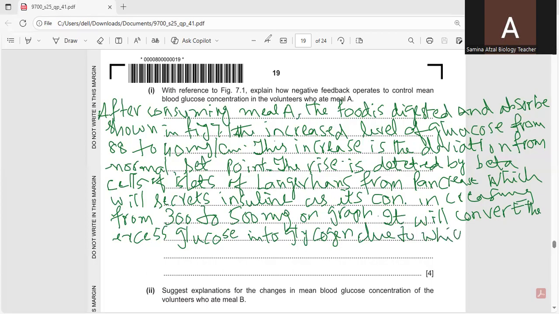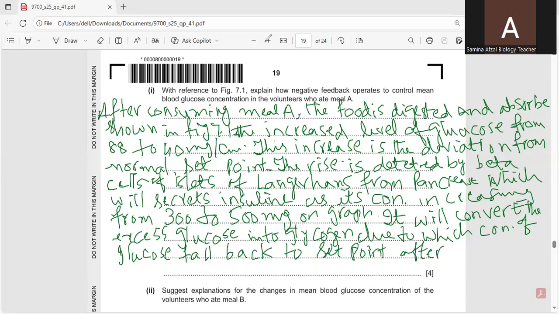Due to which the concentration of glucose falls back to the set point after 30 minutes, shown in the graph. It is an example of negative feedback.